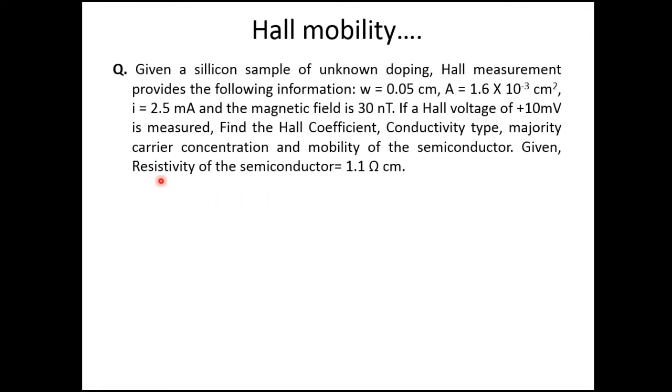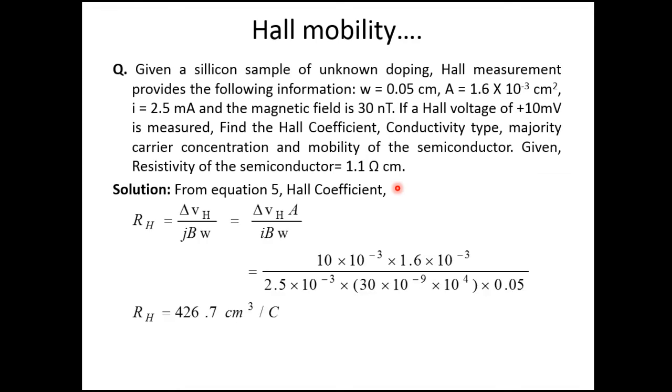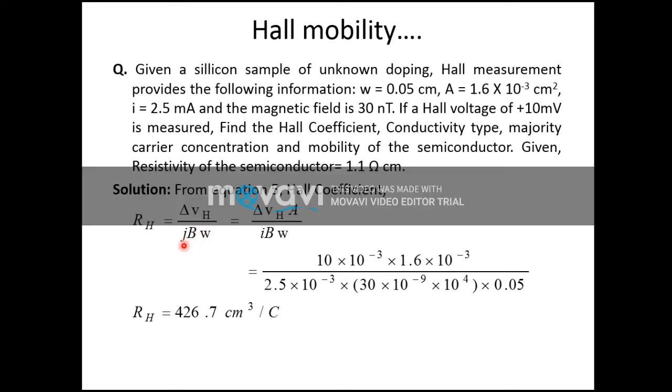So you should know that the unit of resistivity is ohm centimeter, or this can be ohm meter. So depending on the situation, you can convert from ohm centimeter to ohm meter. Okay. Now from equation 5, we know that the Hall coefficient is given by this formula, delta VH upon JBW. Delta VH is the Hall voltage, J is the current density, B is the applied magnetic field, W is the width of the strip.